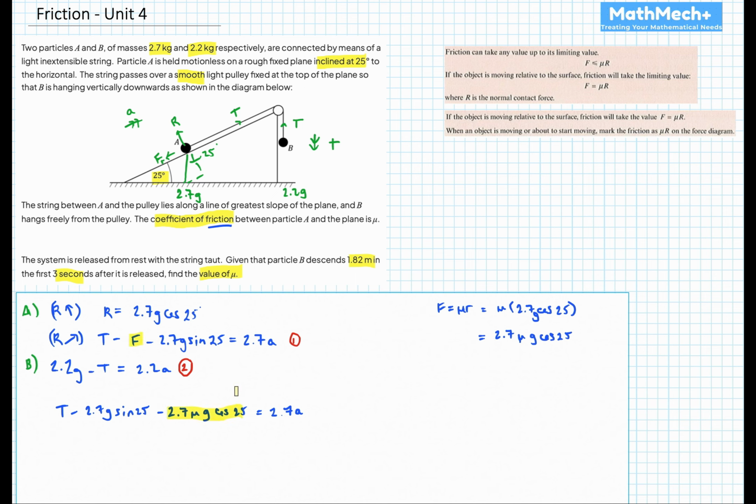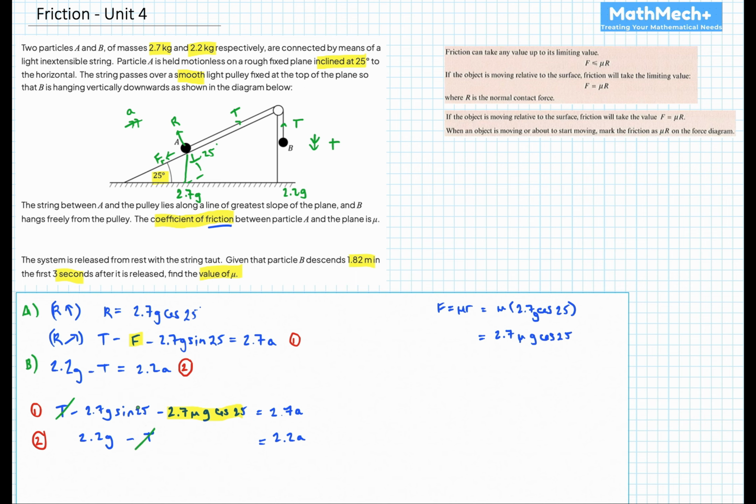So I've replaced the F with what I just calculated on the right hand side. I just rewrite the second one here, so our equation number 2. And we'll now be able to get an equation for acceleration.